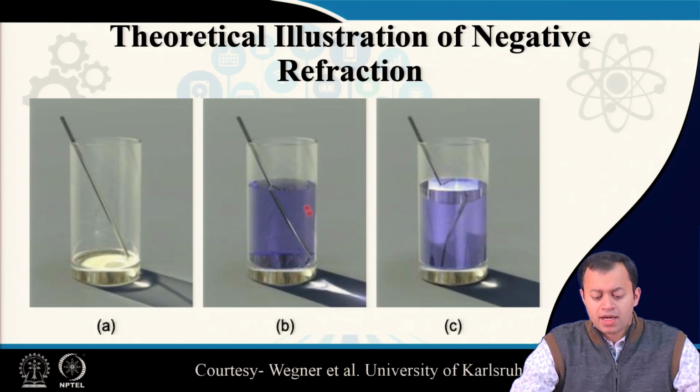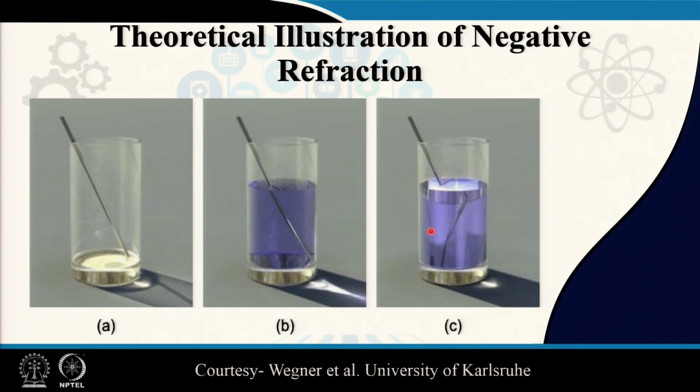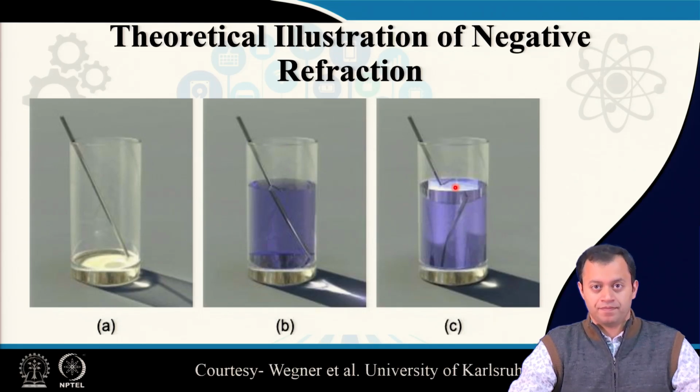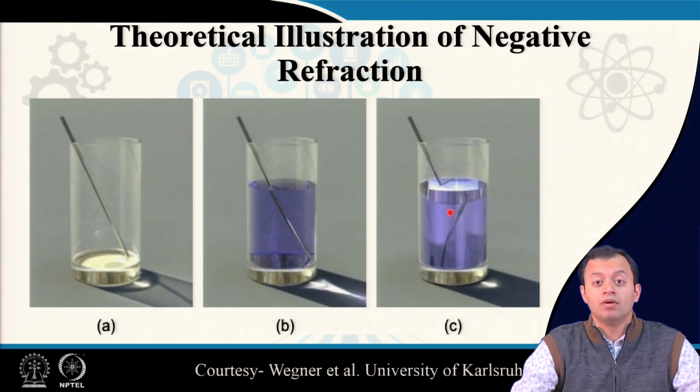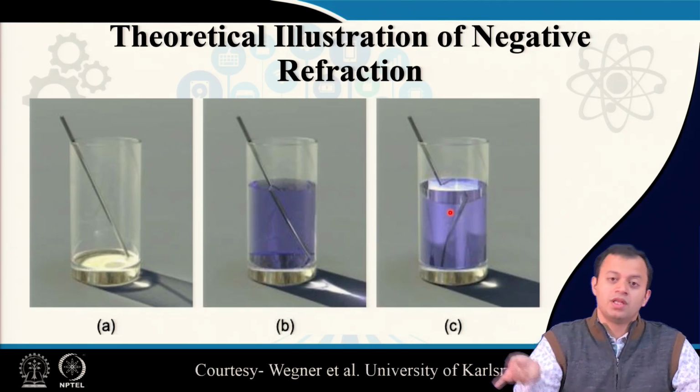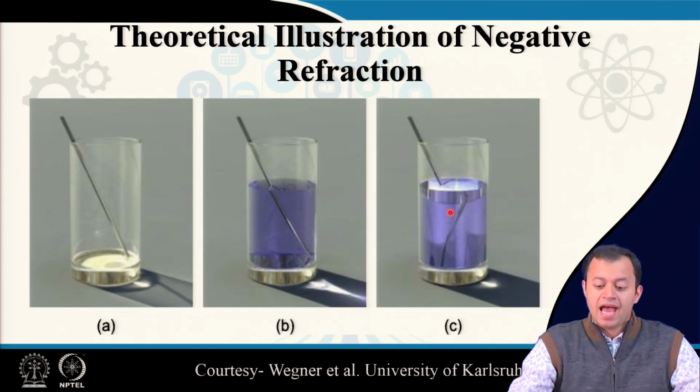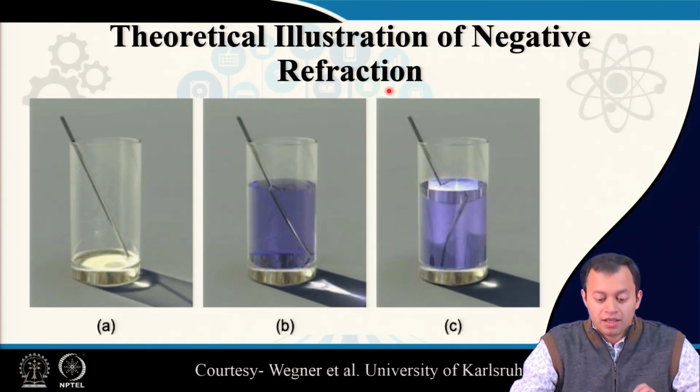But whenever the water is replaced by a medium which has a negative refraction, the spoon will look bent, but in an opposite direction. Minus 180 degree or 180 degree phase shift, however you want to call it. There will be a phase shift, and that is based on negative refraction.